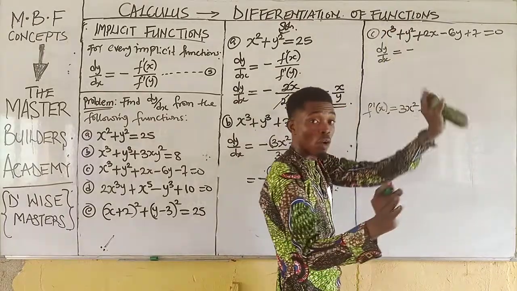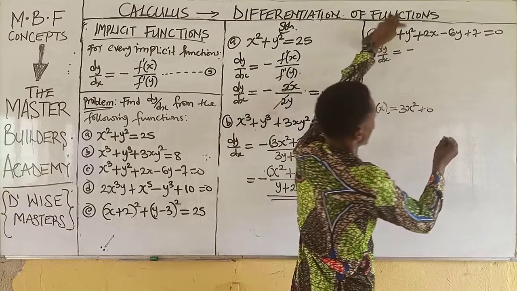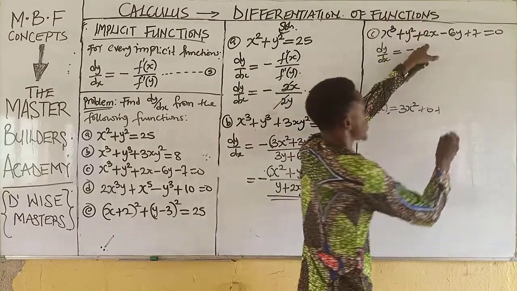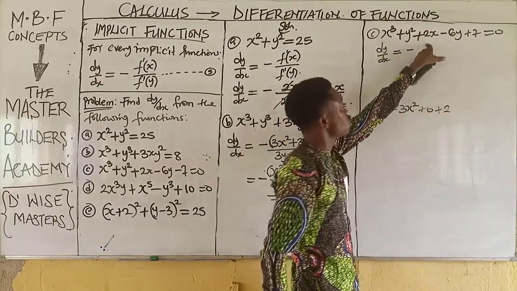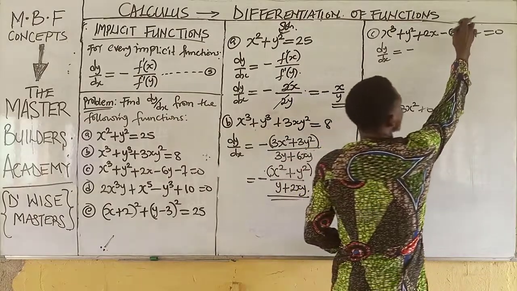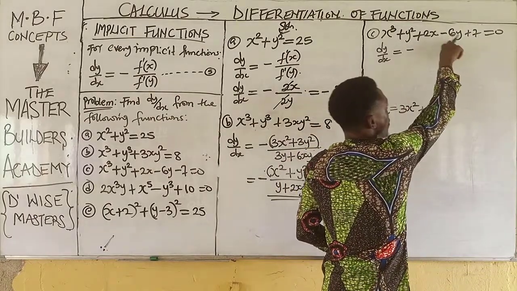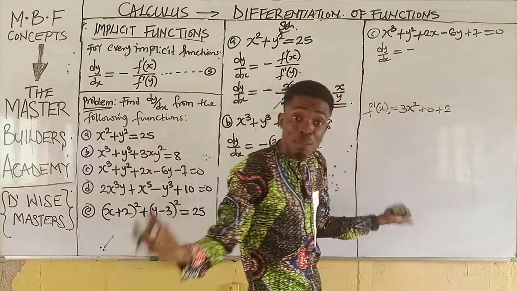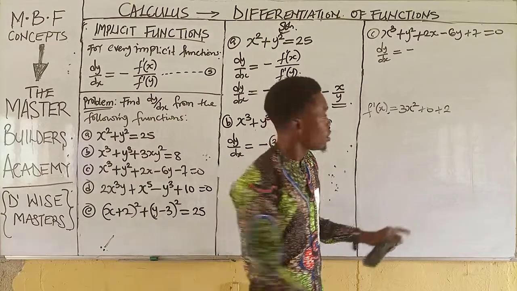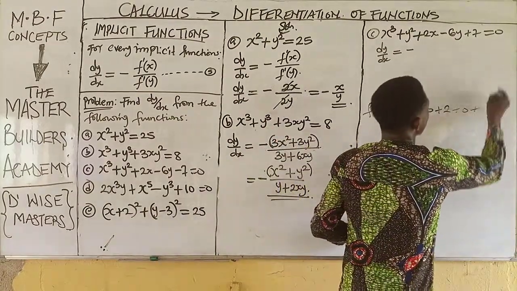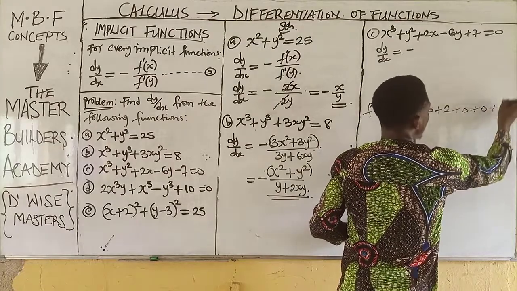Plus 0, you can ignore. Just ignore it, but let me put it down. Then when I differentiate 2x, I have only the coefficient left. When I differentiate 6y, there is no x here, and I'm differentiating with respect to x, so that means it's 0. Then when I differentiate 7, 0. When I differentiate 0, 0.